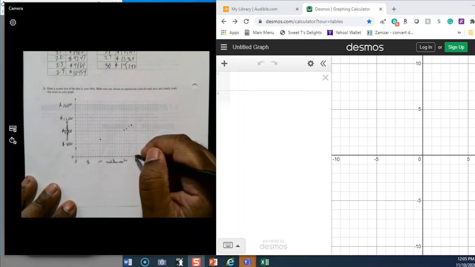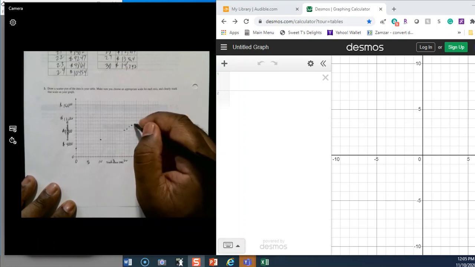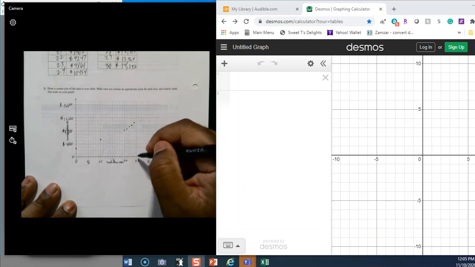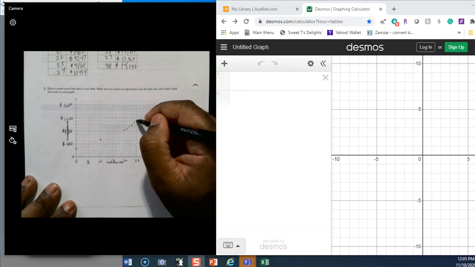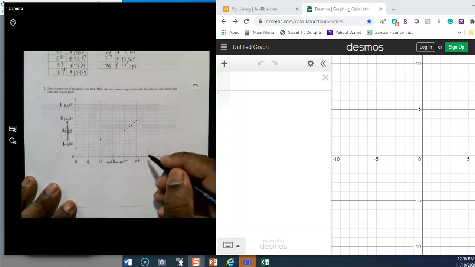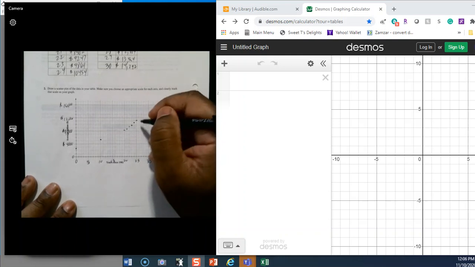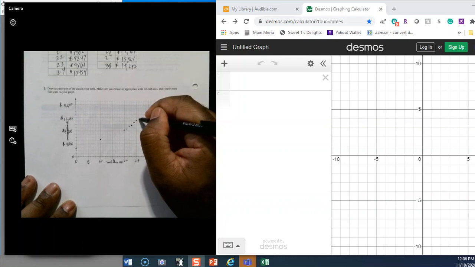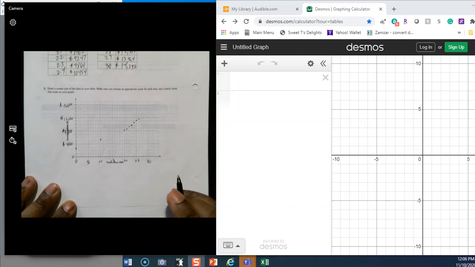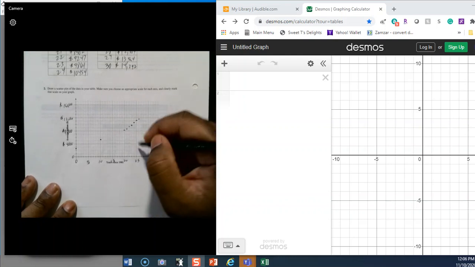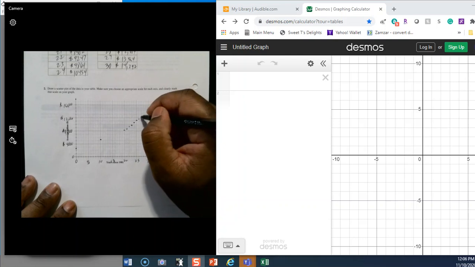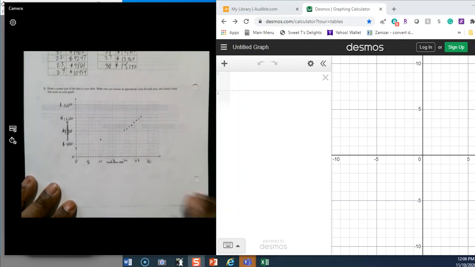Okay, 24. We have a little over 10, almost half, between 10 and 11,000. 25. We'll be a little bit over 11,000. 26. A little bit past half, between 11 and 12,000. 27. Close to the halfway point of 12 and 13,000.